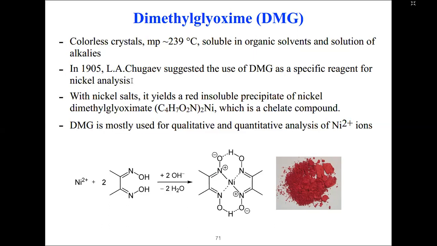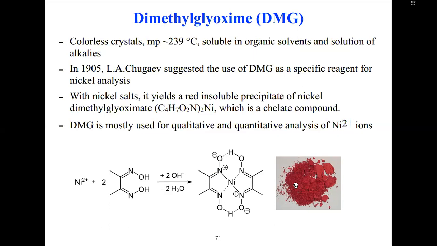One of the most useful uses of DMG is as a specific reagent for the analysis of nickel. Whenever you are asked to write the uses of DMG, you must mention that it is used in nickel analysis. With nickel salts, it yields a red insoluble precipitate.